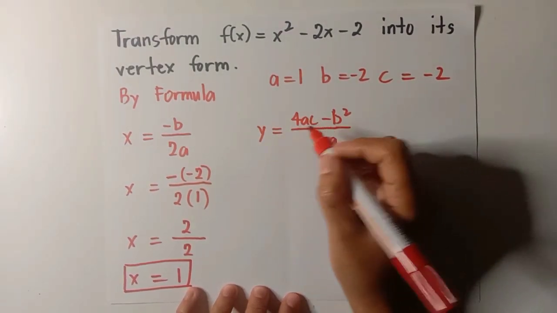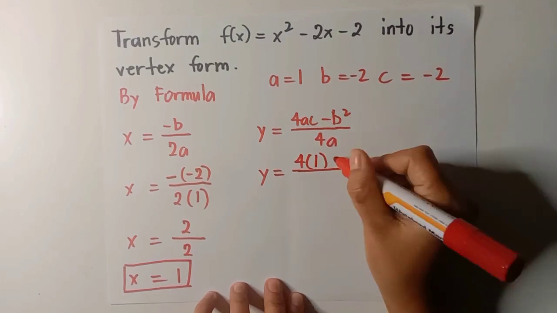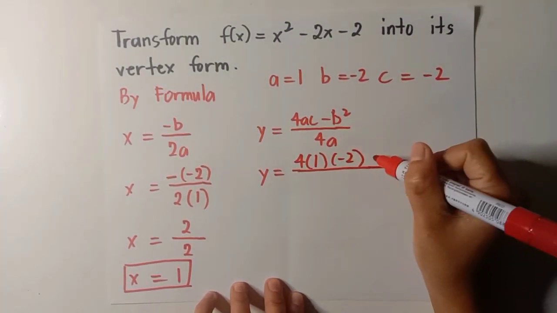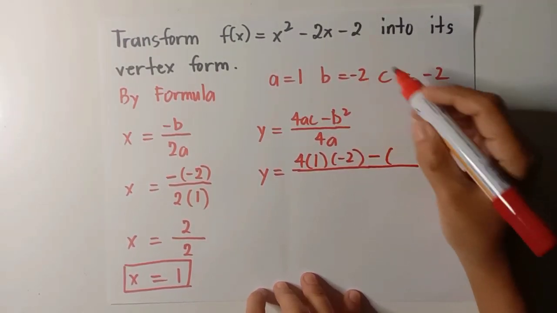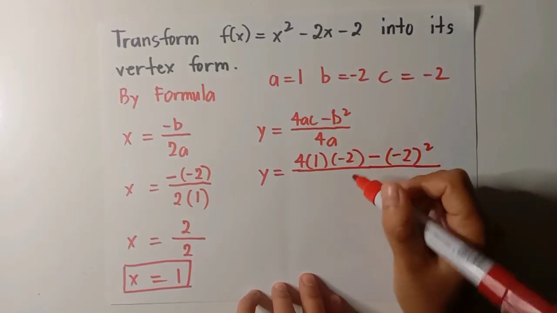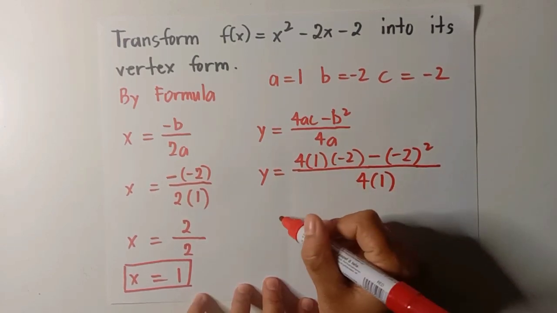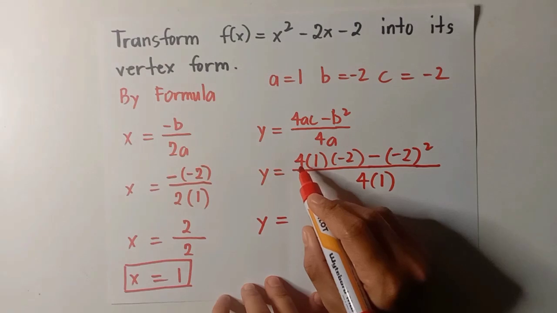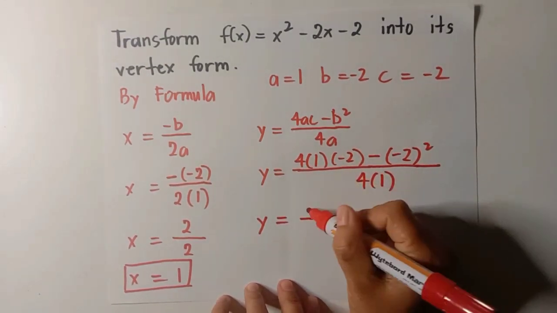For the value of y, replace a with 1, c with negative 2, and copy minus. Replace b with negative 2 squared. Then 4 times a, which is 1. Then, what is 4 times 1 times negative 2? That is negative 8.